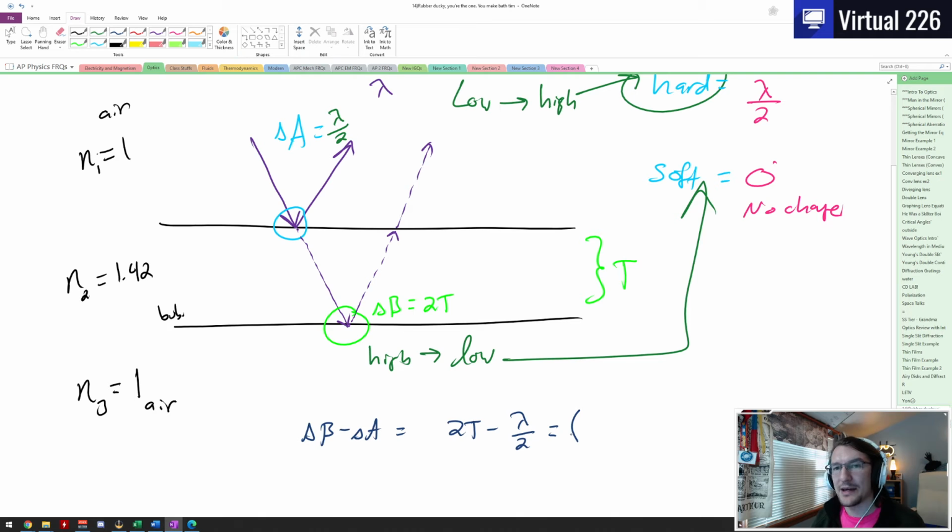Minima happen at half integer values of the wavelength. So lambda over 2, 3 lambda over 2, 5 lambda over 2. So we could write it like this, m plus 1/2 lambda, it's a better way of writing that.